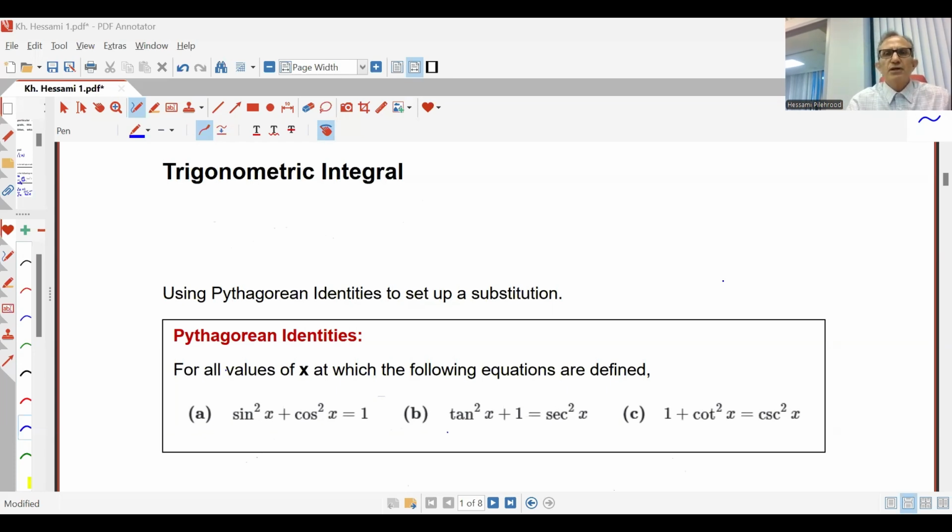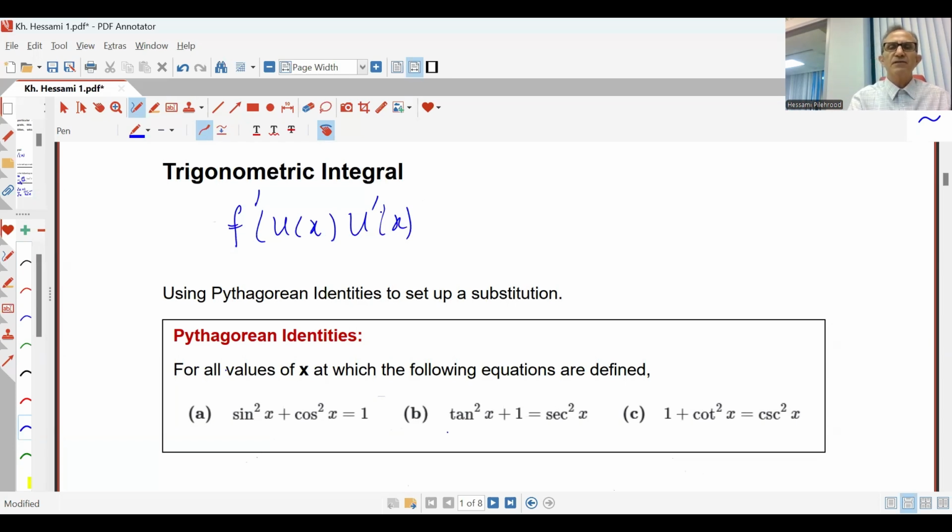Integration by substitution is a powerful tool, but as we have seen, it can be difficult to recognize an integral as being in the form of f prime of u of x times u prime of x. If we are lucky, we can use algebra to rewrite an integral to set it up for a particular substitution.